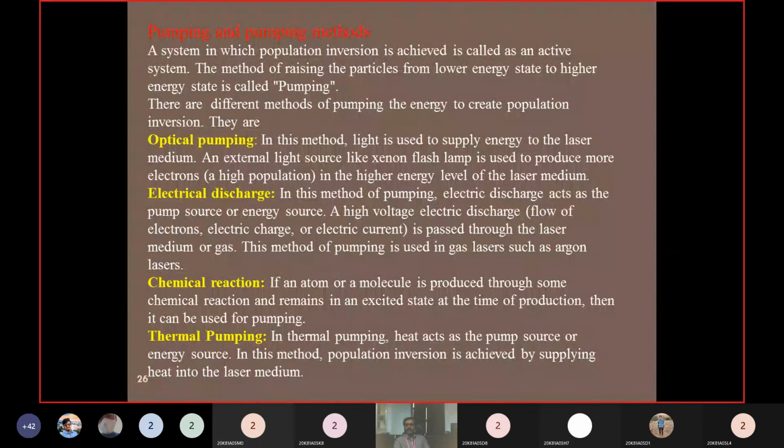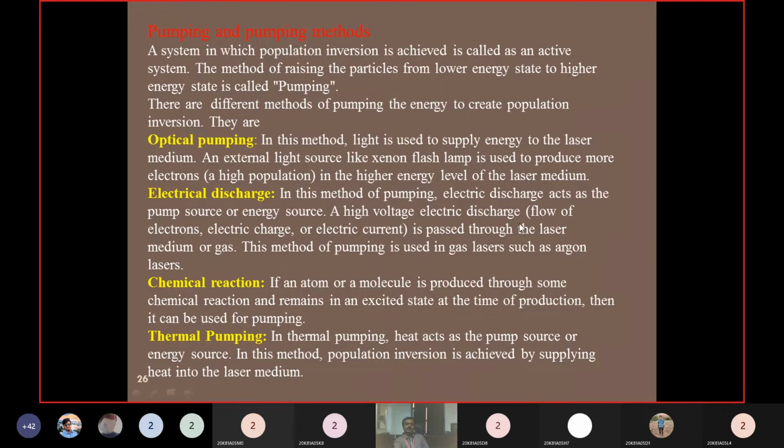Otherwise, a system in which lasing action takes place is called an active system or active medium. Understood? One more definition: a system in which lasing action takes place is called an active medium.